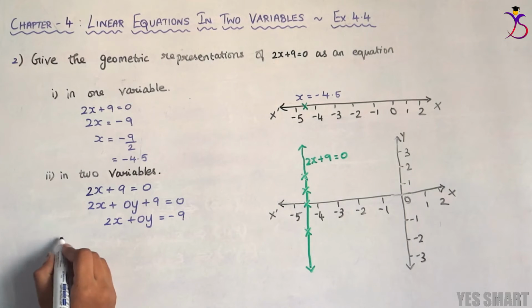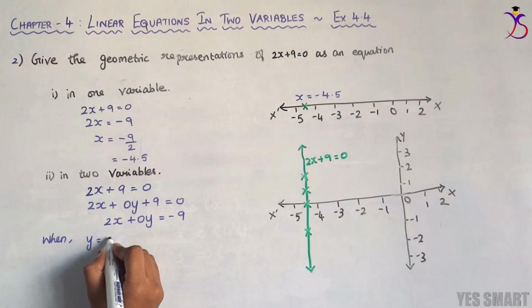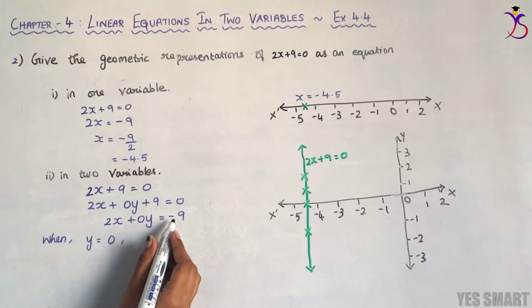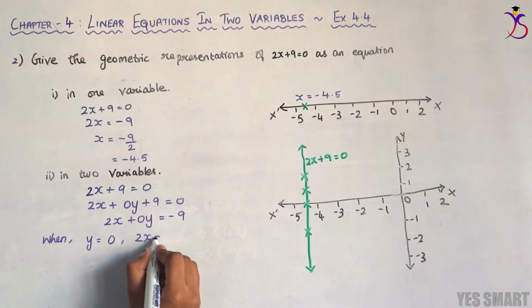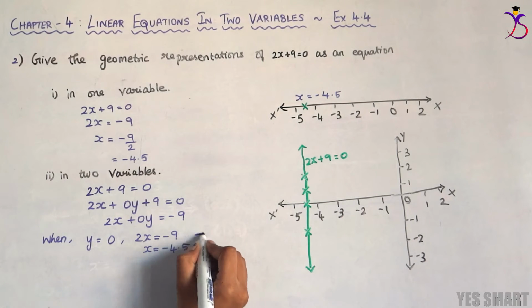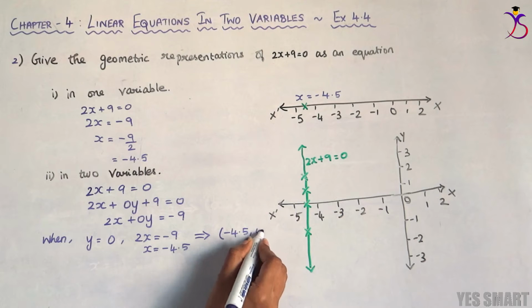Now let's substitute different values of y in the equation. When y equal to 0, 0 into 0 is 0. Therefore we get 2x is equal to minus 9, which is x is equal to minus 4.5. Hence the point is (-4.5, 0).